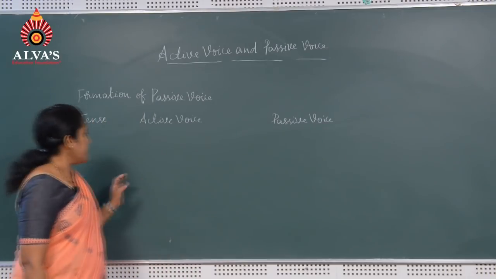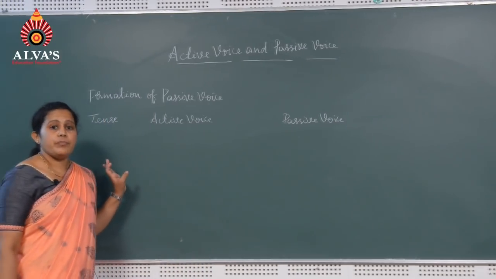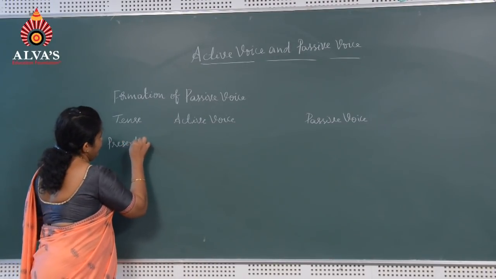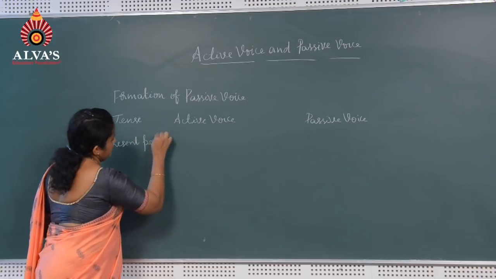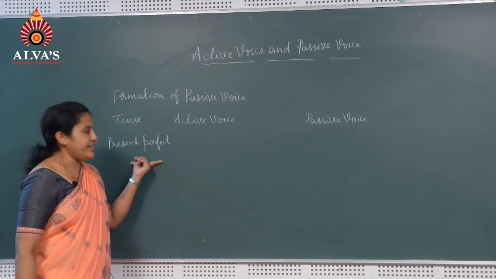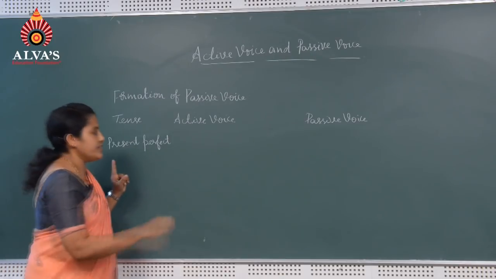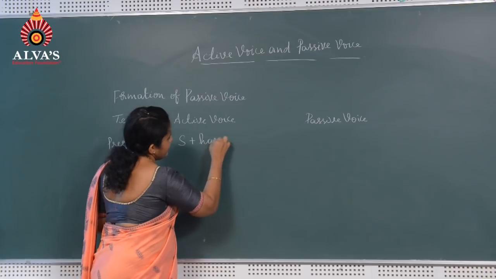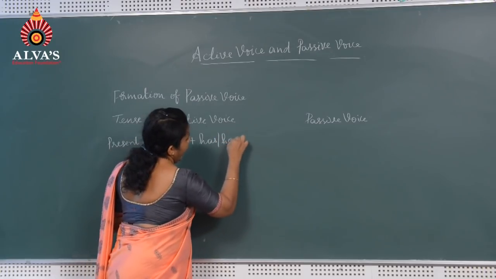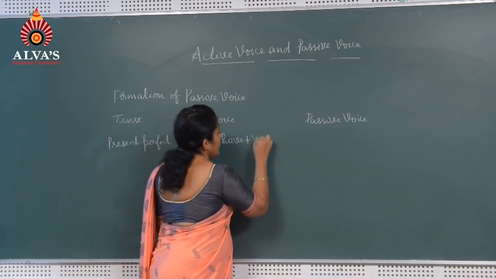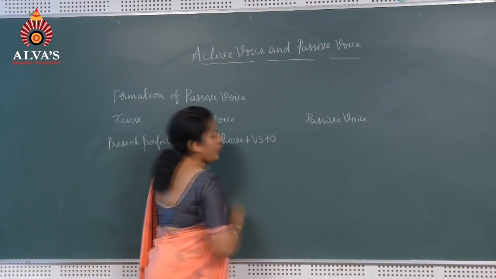Okay. Now, let us see present perfect tense. Present perfect affirmative sentence. See here, formula is subject plus has or have plus V3 form plus object.